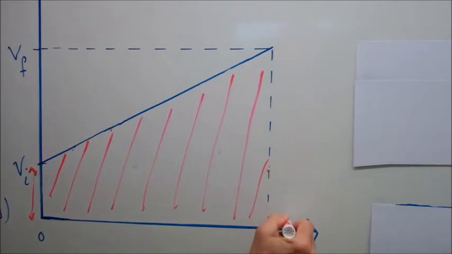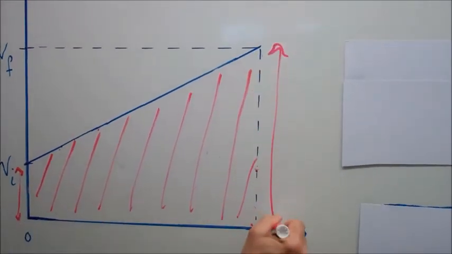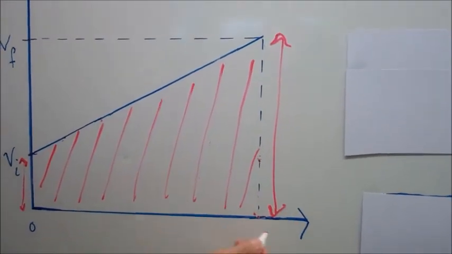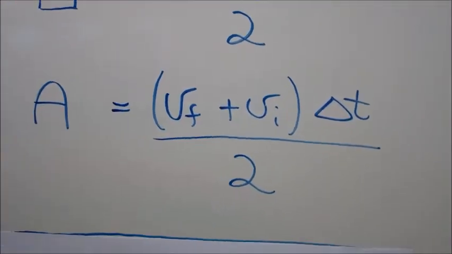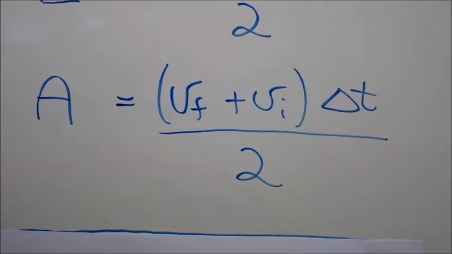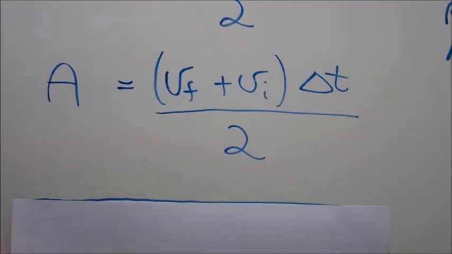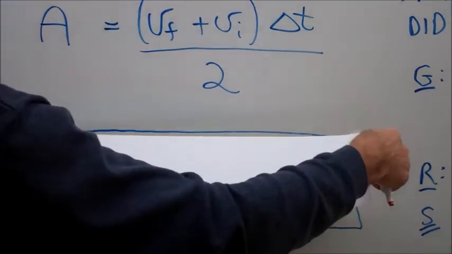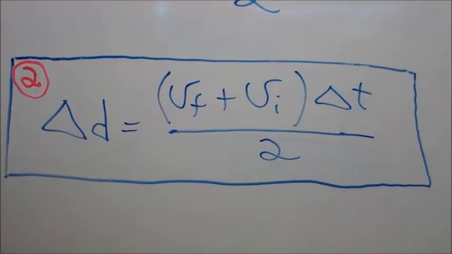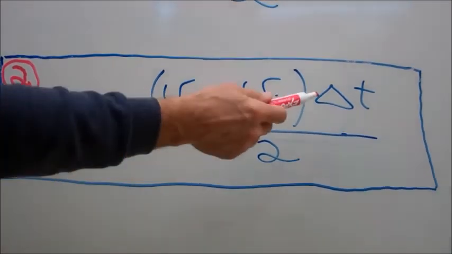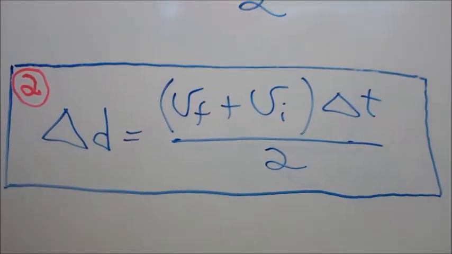The large base would obviously correspond to the final speed from 0, and the height would correspond to the time. Therefore, we get the following formula. Hence, our second formula to express Newton's equation, delta D equals (Vf plus Vi) times delta T divided by 2.